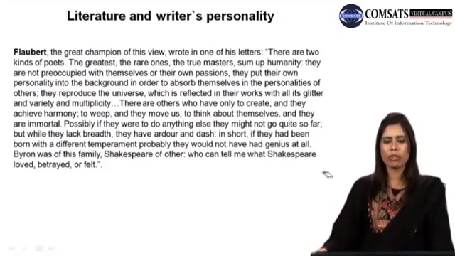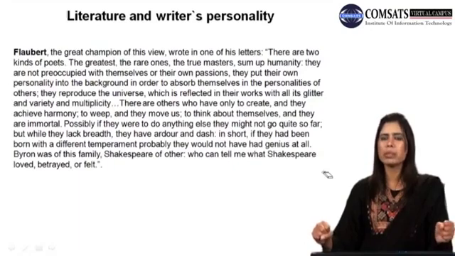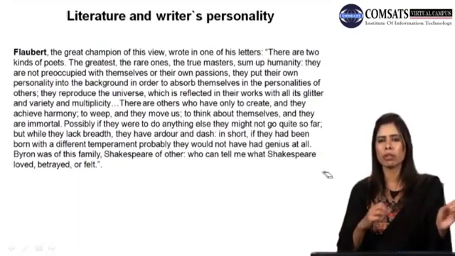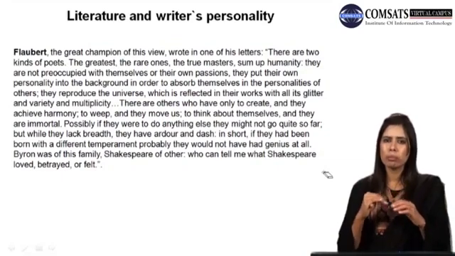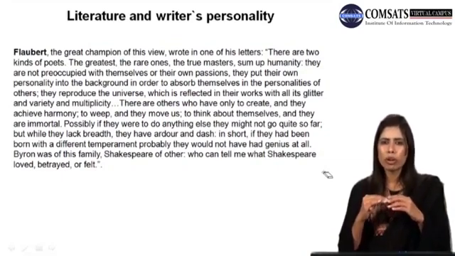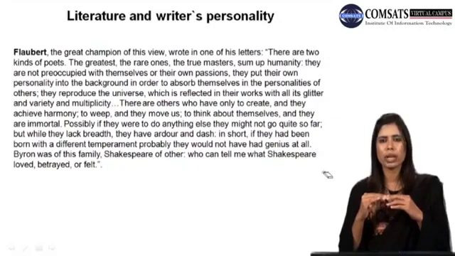So Byron was of this family. According to Flaubert, Byron was of this family, Shakespeare of the other. Who can tell me what Shakespeare loved, betrayed, or felt? So Shakespeare used to put himself on one corner of the table, in order to make his writings more objective and universal and to be accepted worldwide.